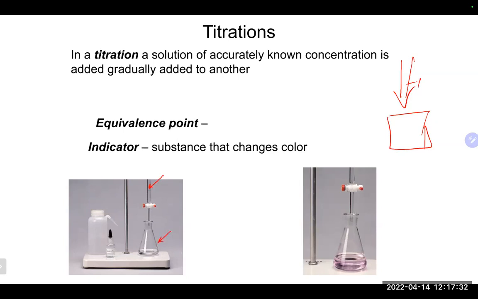In the case of acid and base titrations, we can, in certain cases, have the base up here in the burette, or you could have the acid up there, and vice versa down here in the flask or the beaker. We usually do a titration until we reach what is known as the equivalence point, and the equivalence point is the point where the reaction is complete.